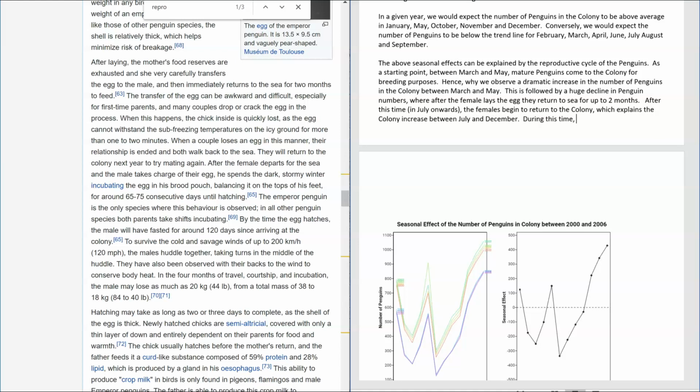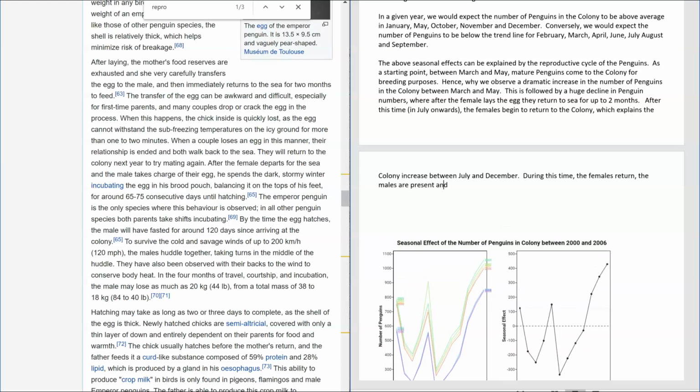During this time, the females return, the males are present, and newborn penguins begin to develop. And I think that explains the seasonal effects quite well.